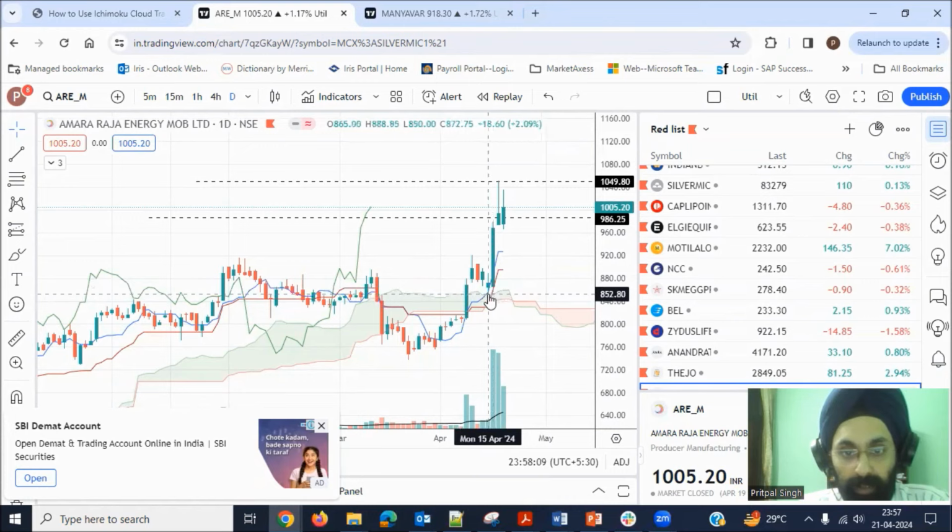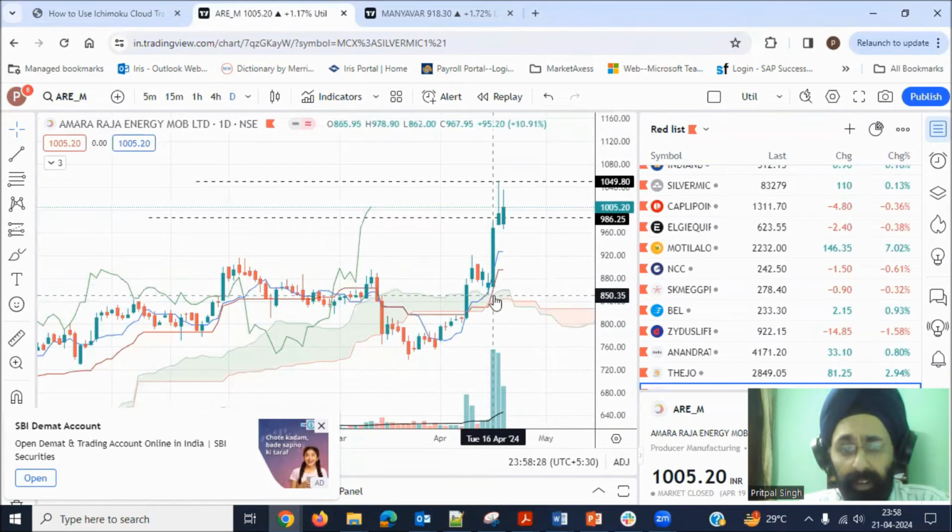On the fourth day, price again touched the upper boundary of the cloud, and from there price started going up, and it made a doji kind of candle, but a bullish candle, because the candle is green, a green doji.